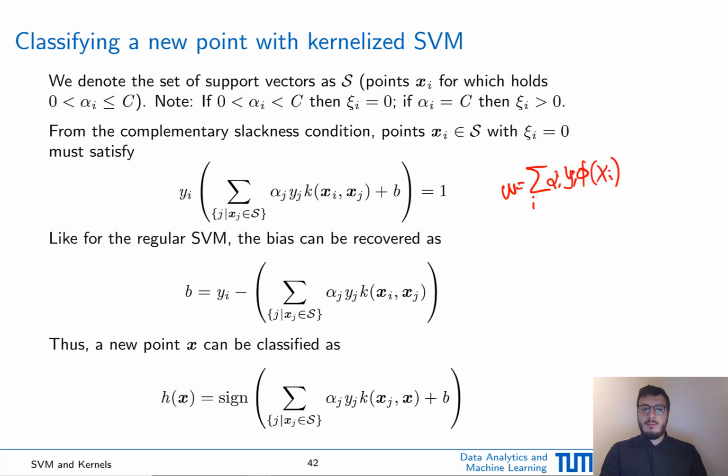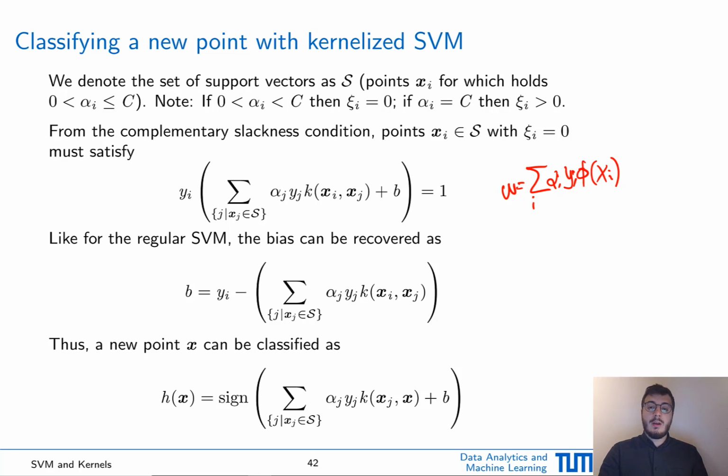And as before, only those data points which have a non-zero Lagrange multiplier, a non-zero value of alpha_i, will contribute a term to this sum, which means only those will affect the decision boundary.